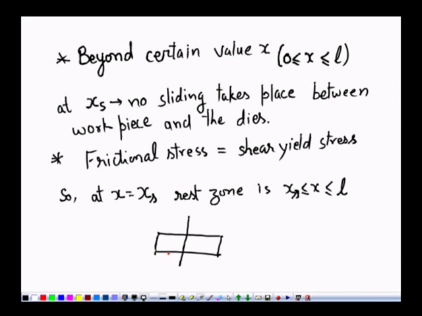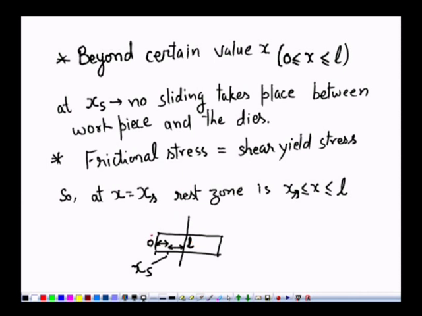From here to here, this point is, say, xs. So, before this we have a sliding zone, and after that there is another zone, that is a sticking zone. Here it is 0 and here the length is L.